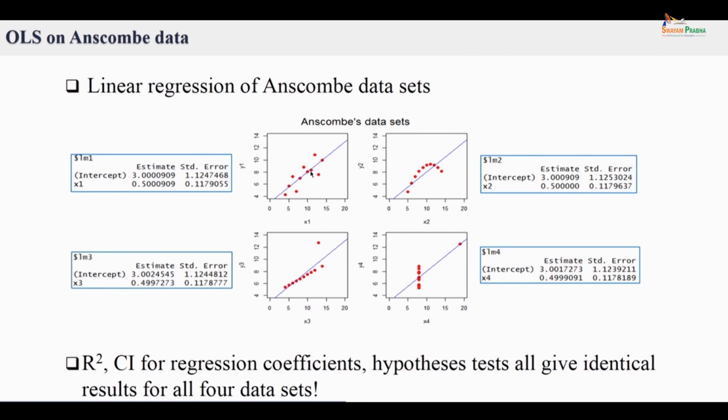If we look at the scatter plot, we may say that a linear model is adequate for the first data set and perhaps for the third data set, but the second data set indicates that the linear model may not be a good choice. A non-linear model or a quadratic model may be a better fit. The last data set is a very poorly designed data set. You can see that the experiment is conducted only at 2 distinct values of x.